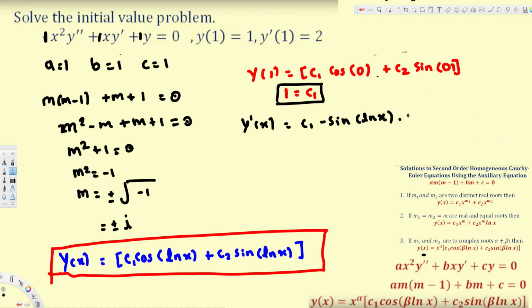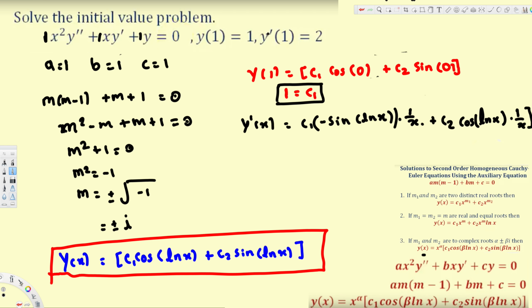The inside derivative is going to be 1 over x, so this is multiplied by 1 over x. Let's go to the next term, c2. The derivative of sine is cos, so cos of ln x, and the inside derivative again is 1 over x. Now this is our first derivative.